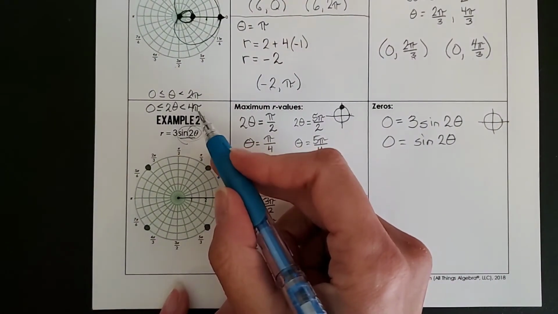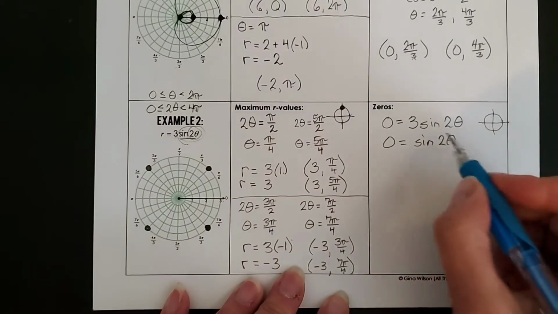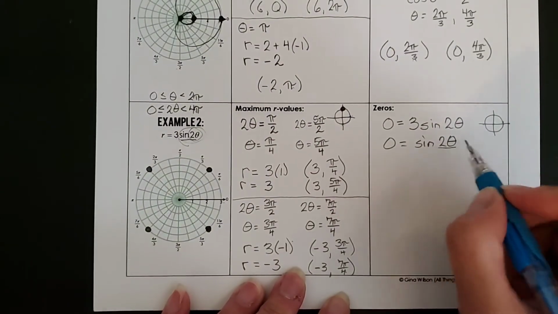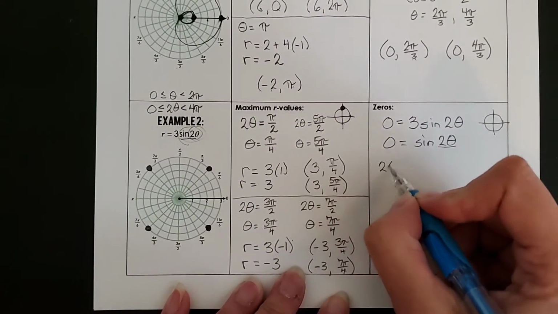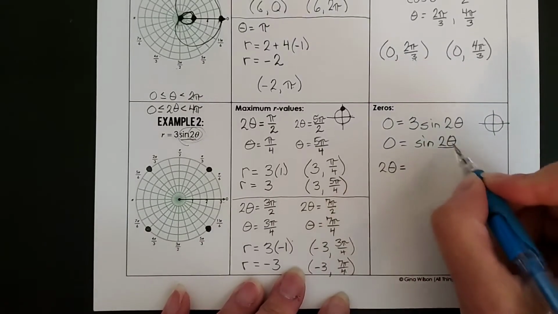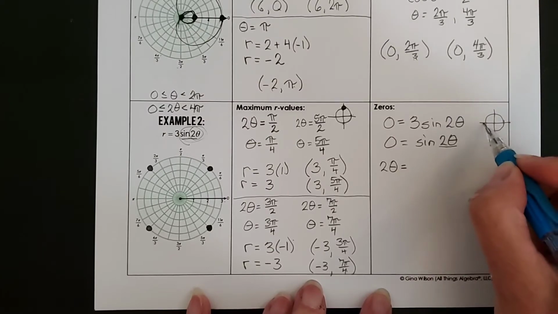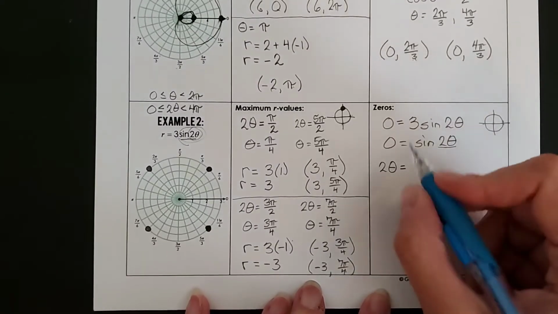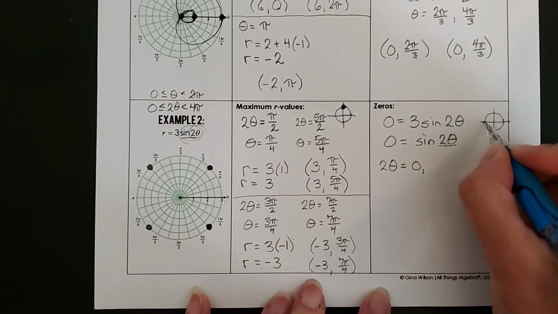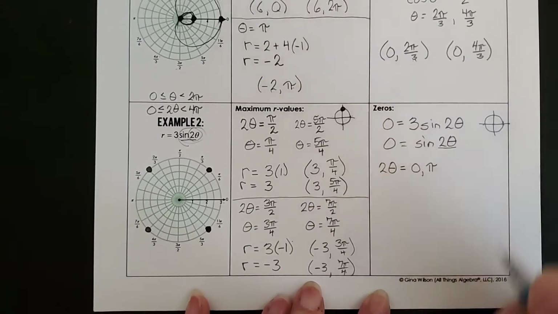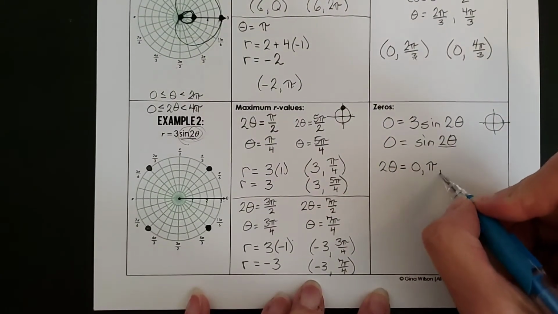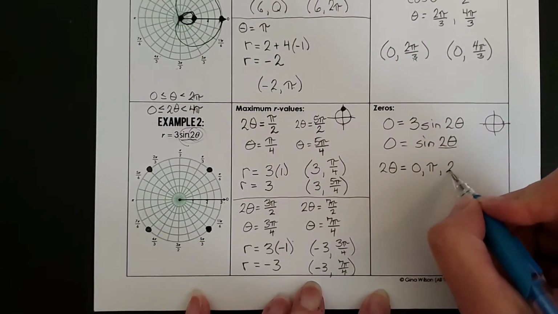But I do need to make it all the way around to 4 pi, so I've got more than that. So I'm looking for this argument. When is the whole argument going to be at those spots? It will be at 0. Pi also has a sine of 0, and back to 2 pi.